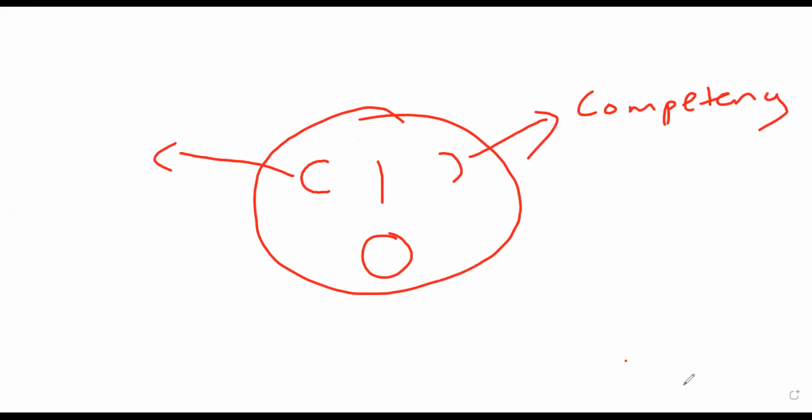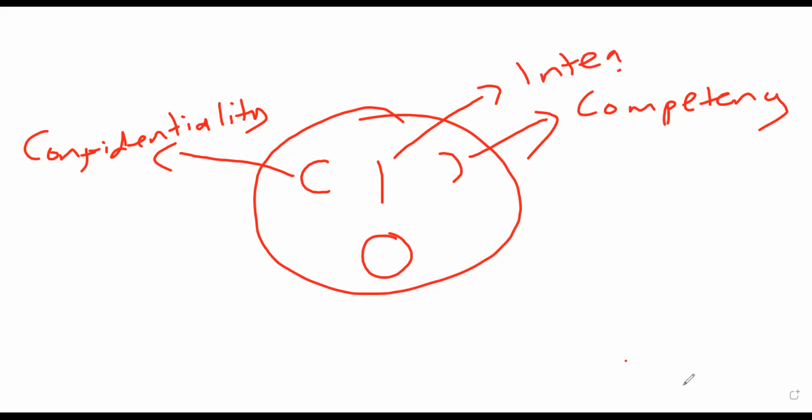The second eye represents confidentiality. The nose represents integrity, whereas the mouth, on the other hand, simply represents objectivity.